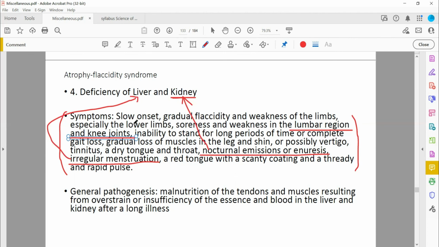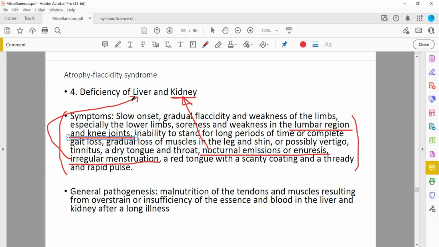Okay, so then let's take a look at the tongue and the pulse. Tongue scanty, rapid pulse. So kidney organ, right?